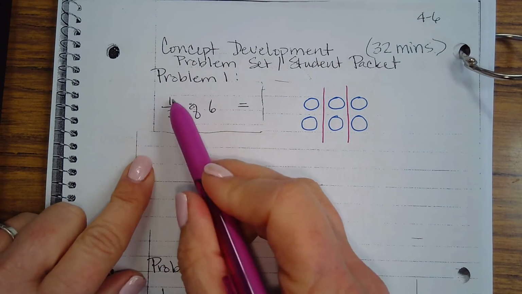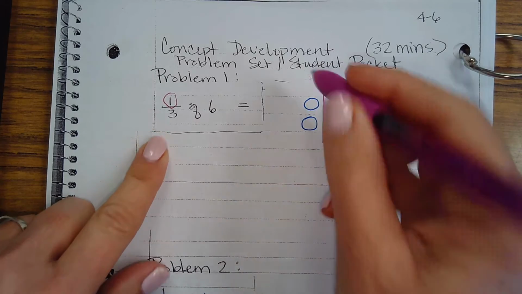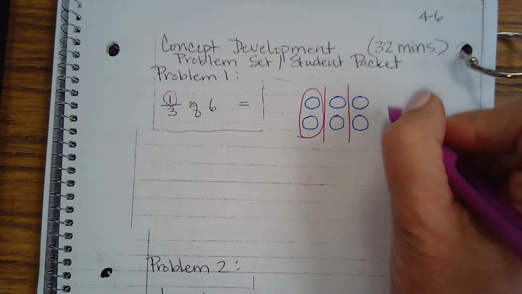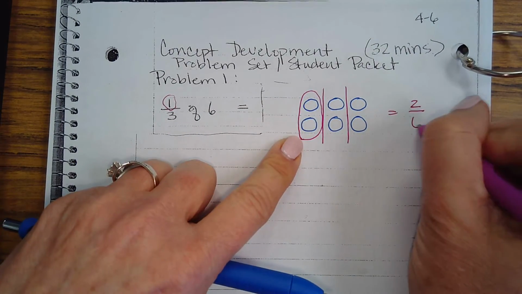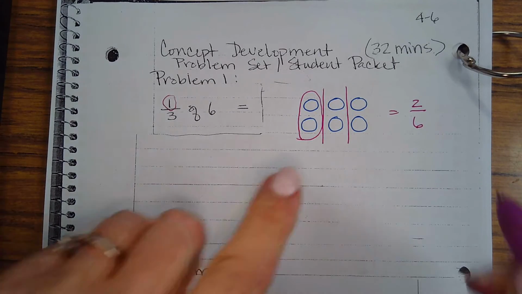So what is 1/3 of 6? Well, 1/3 of 6 is 2, right? So it is 2. 1/3 of 6 is 2.